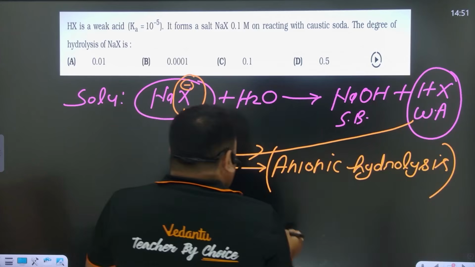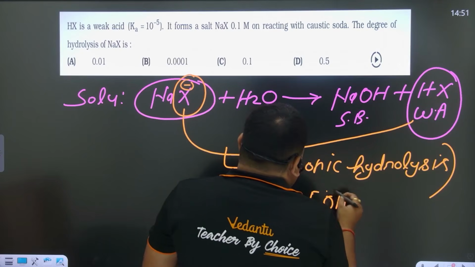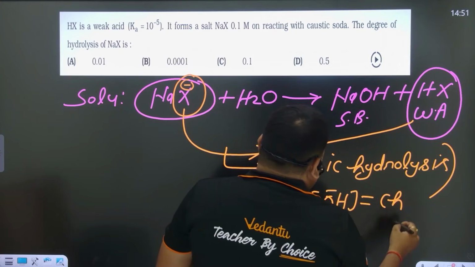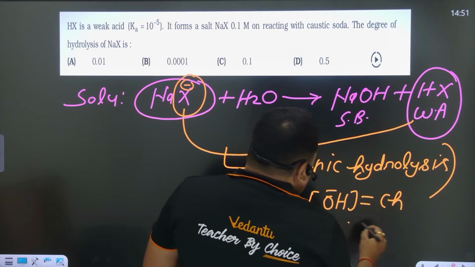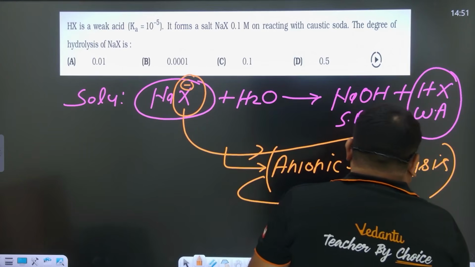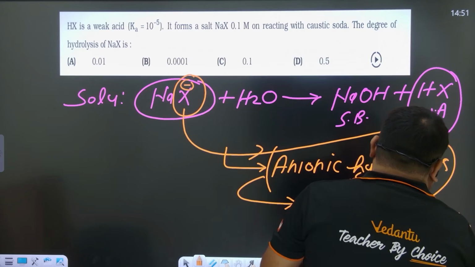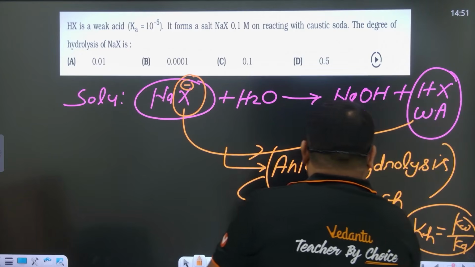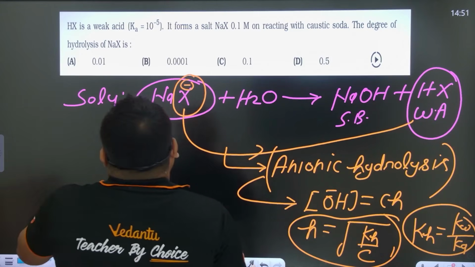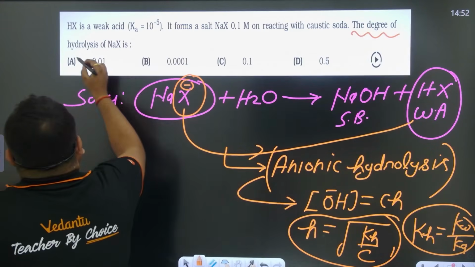For anionic hydrolysis, we already know the concentration of OH minus ion is equal to Ch here, and h is equal to under root Kh by C, and we also know Kh is equal to Kw by Ka, right? So using this formula, you are able to calculate the degree of hydrolysis, because in this question they ask for the degree of hydrolysis.